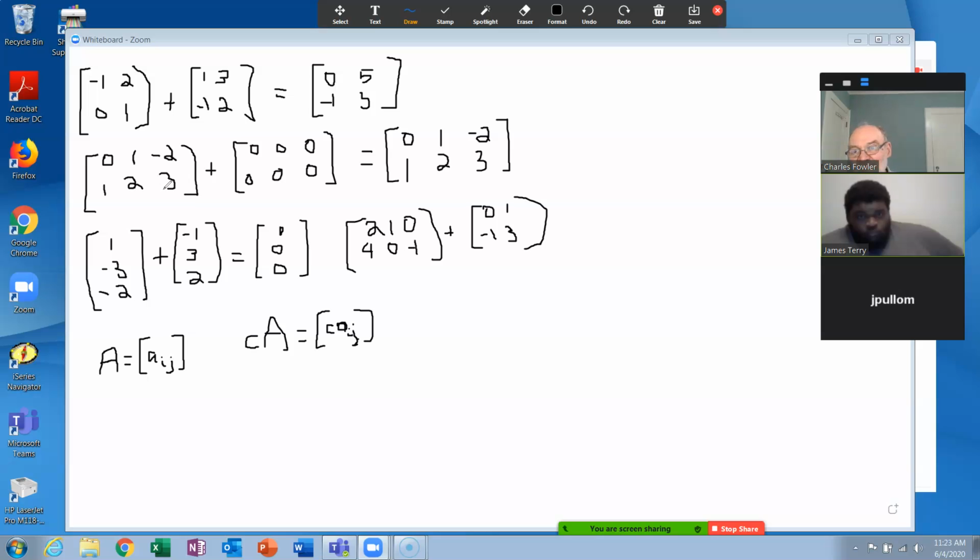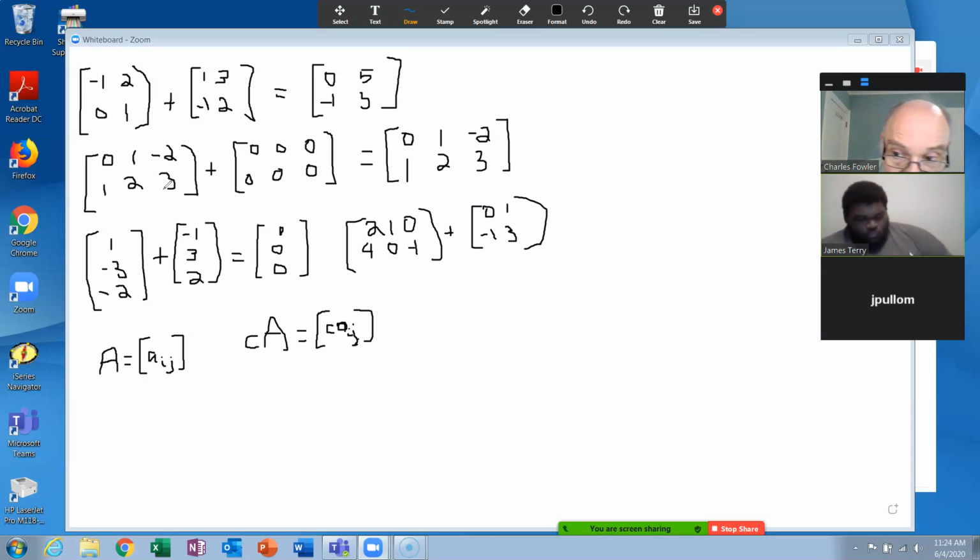Multiply every element in that matrix by that number c. Okay? It could have been 4/3 pi. It could have been negative square root of 2. It could be anything. Multiply every element by that number. So that's scalar multiplication.